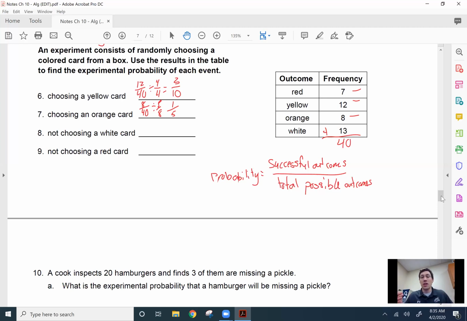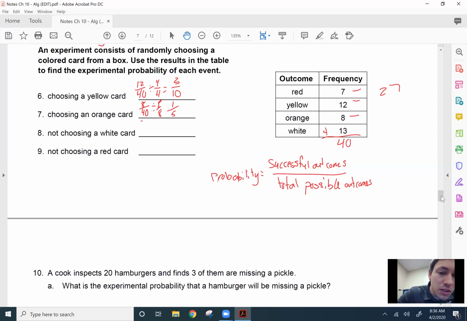So how many of those options are there? So 7 plus 12, 19 plus 8, 27. Okay, so there's 27 possibilities there out of the 40.